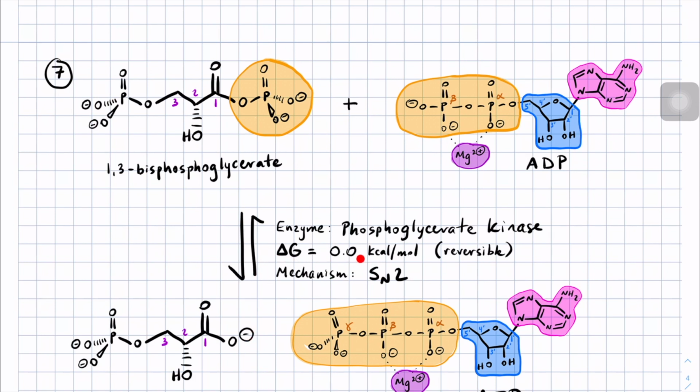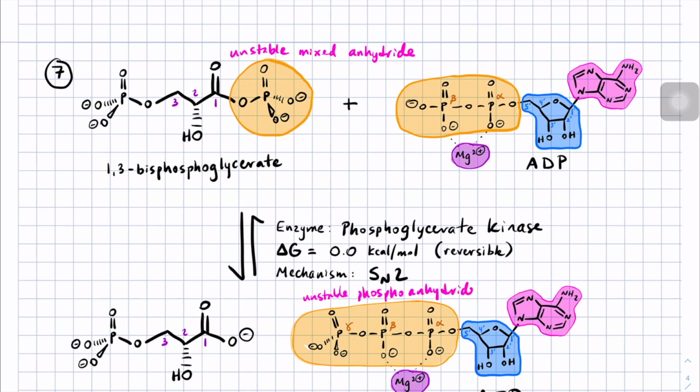Now look at the delta G there. It's basically zero. This reaction's fully reversible, and the reason it's fully reversible is that you are replacing an unstable mixed anhydride with an unstable phosphoanhydride.